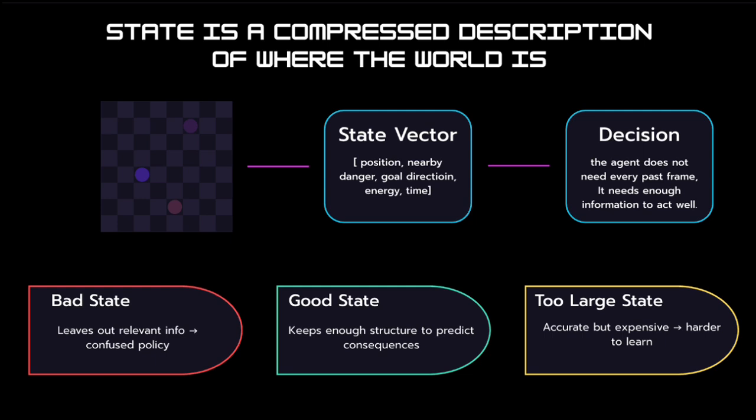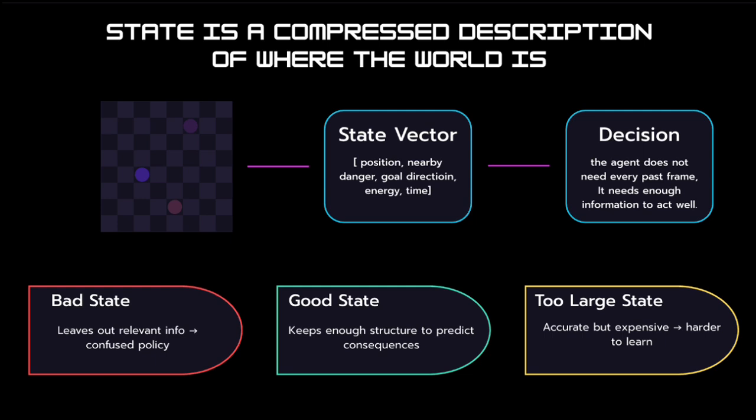But the weakness is important too. If the state hides relevant information, then the agent is not really in a full Markov world. For example, if the robot only sees one camera frame, it may not know whether an object is moving.